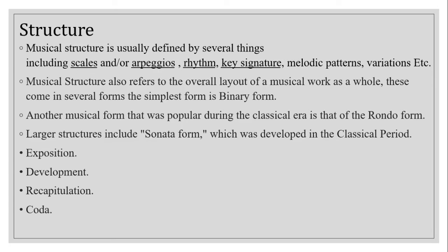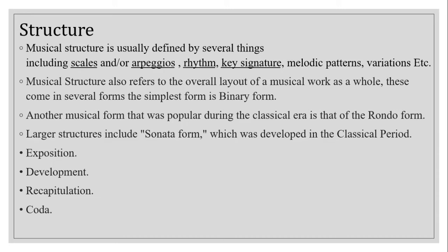Now, what is binary form? It is one section of music, for example part A, which is then juxtaposed against a contrasting part, for example part B, where it normally finishes the given song or piece, basically an A-B structure.